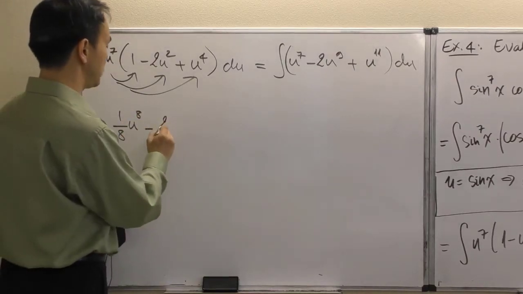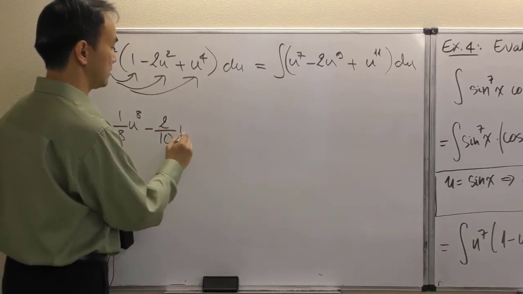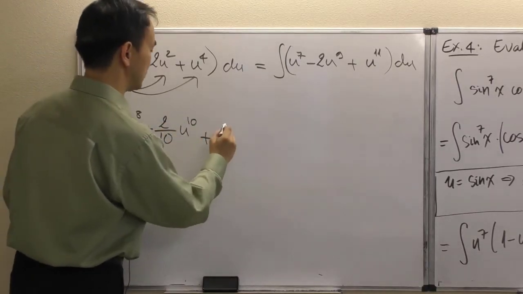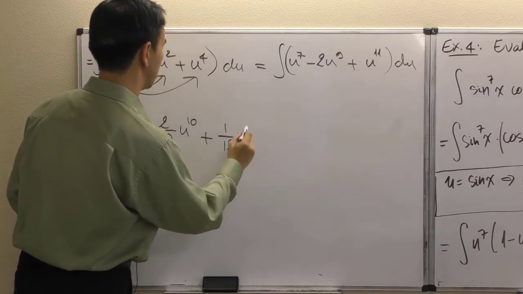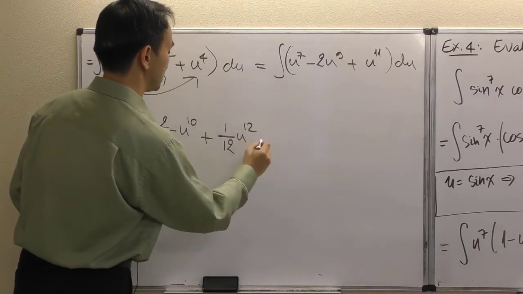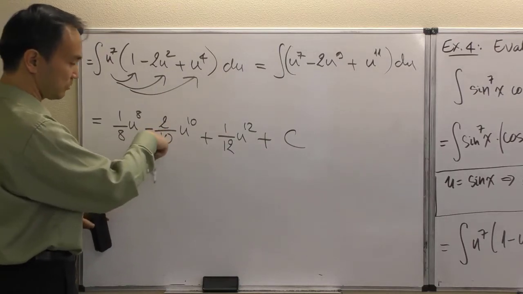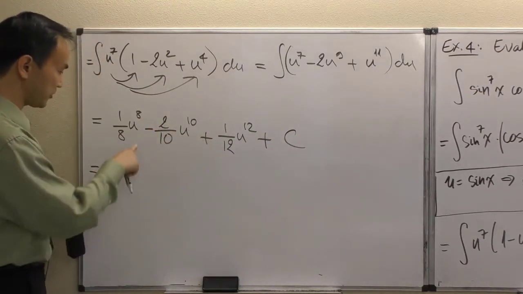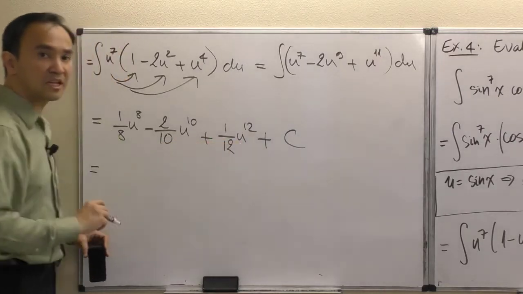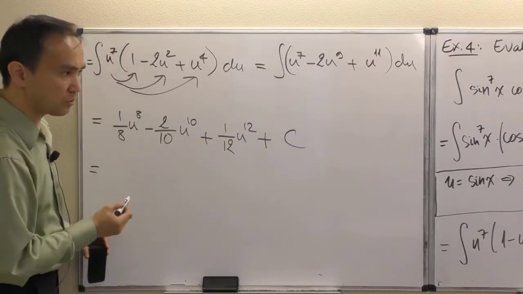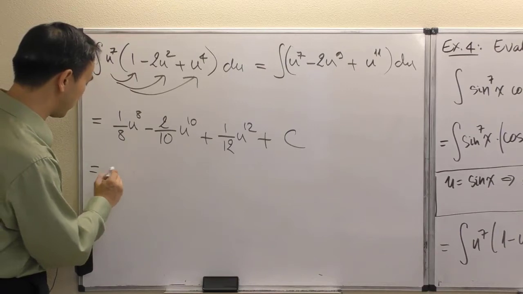minus 2 over 10 u to the 10th plus 1/12 times u to the 12th plus c. And then we can do some simplification on these coefficients and bring back the original meaning of the u variable. So u was substituted as sine of x from my other board.